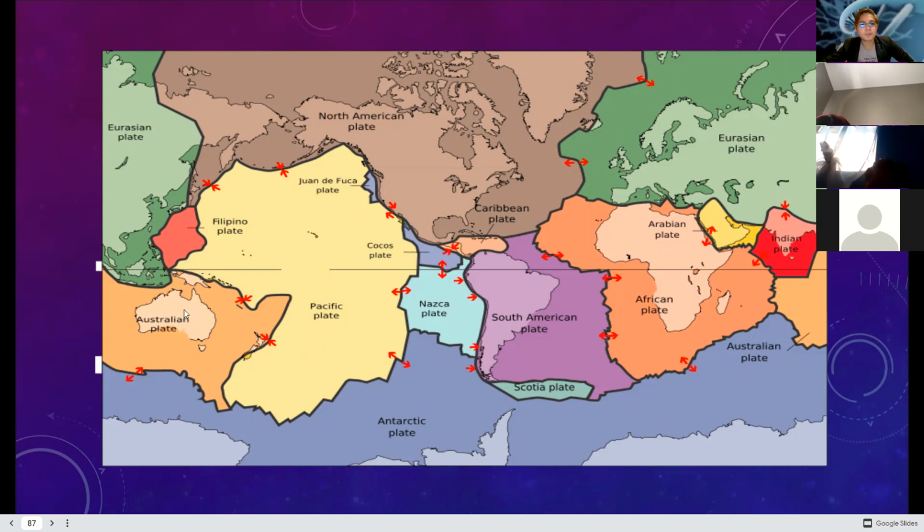This one, Australian plate, Nazca plate, Arabian plate, African plate. So these are the justified plates. They had discovered that if you're going to look at us, we are in the Pacific Belt, Ring of Fire, because we are included in the Pacific plate.